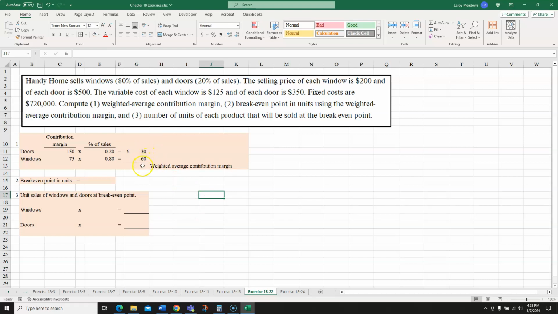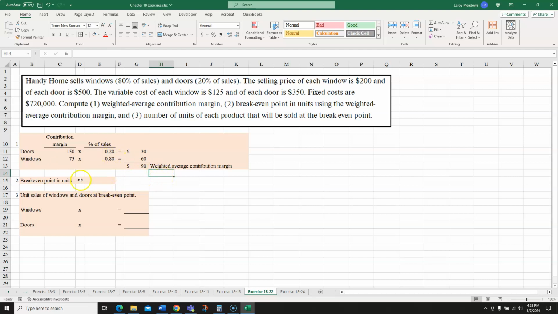Now, when I add those two together, my weighted average contribution margin is $90. This is weighted average because this number is going to be more heavily dependent on the percentages that each item represents as a percentage of sales.